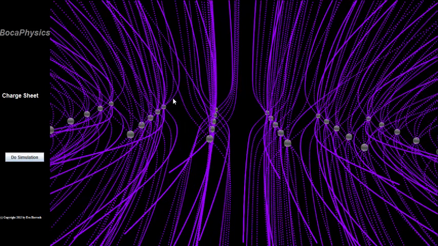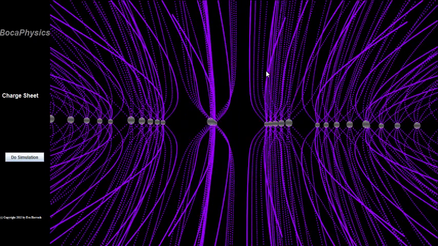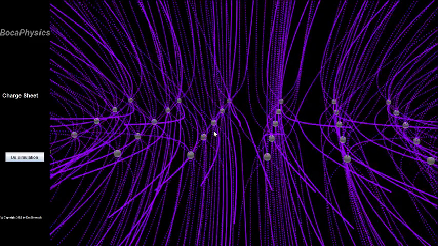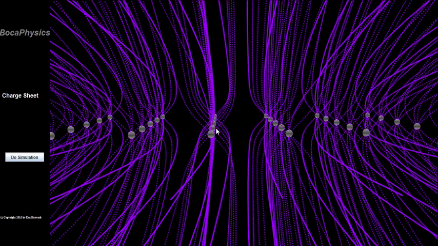In the ninth simulation, we see the field lines due to a sheet of charges. The field lines emanating from the charges in the center are more nearly vertical, and there's greater bending of the field lines that emanate from charges that lie on the edges. From this simulation, we can begin to understand the behavior of the electric field due to an infinite charge sheet.